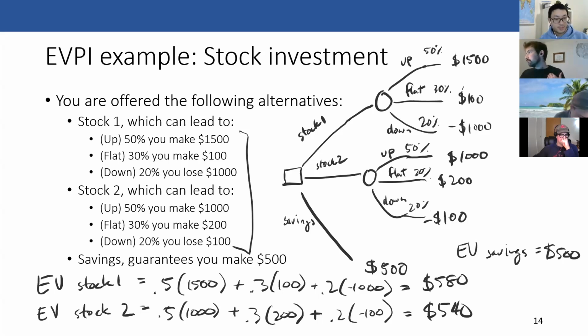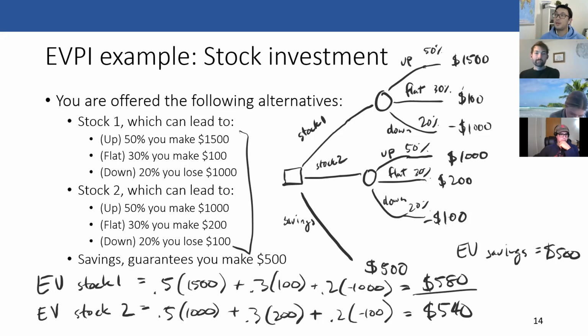Okay, so in this case, our decision is going to be to choose stock 1, right? Because that has the highest return.